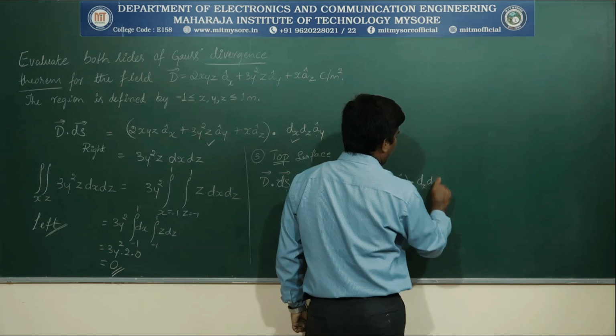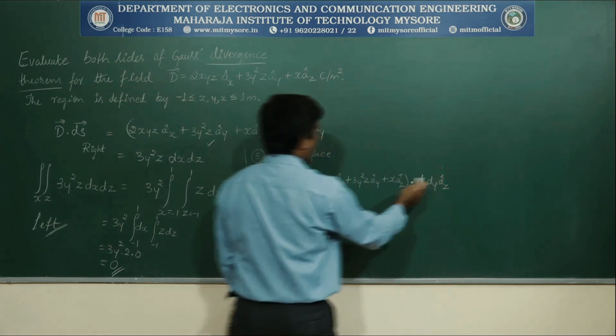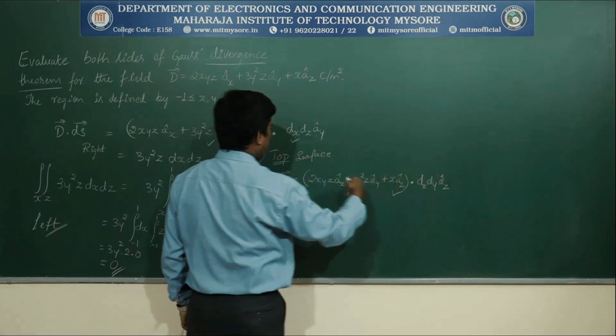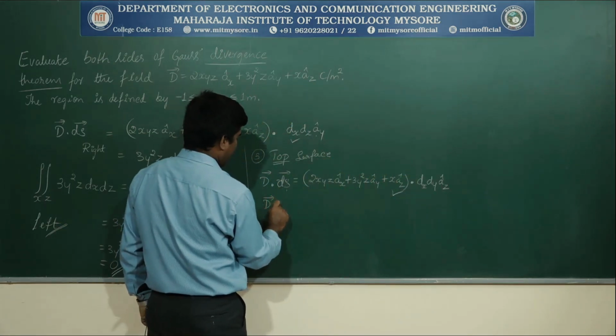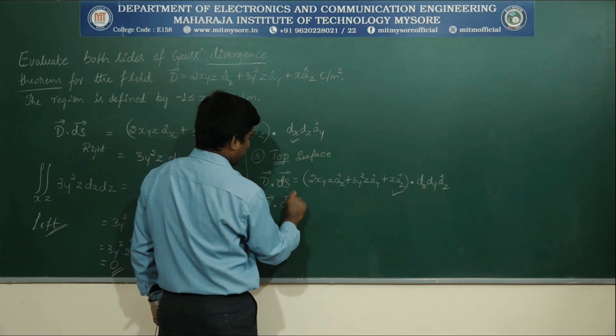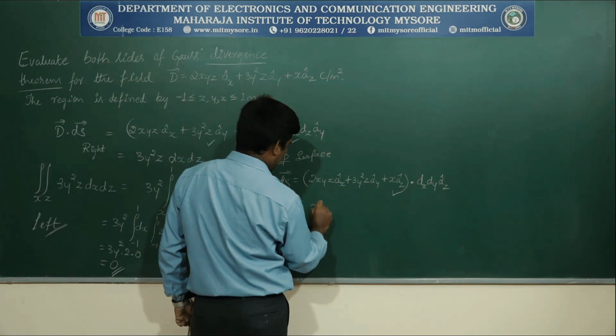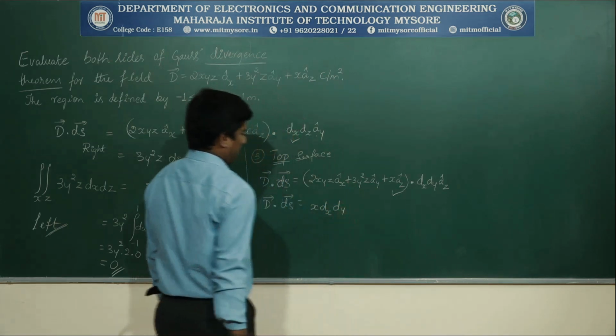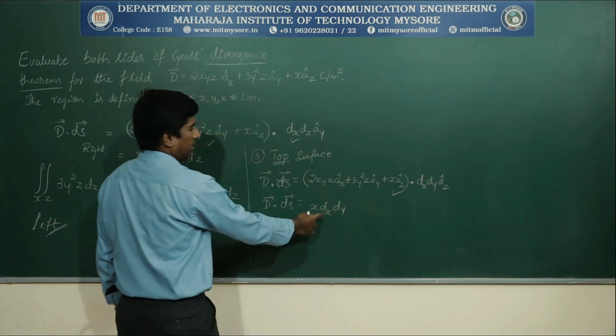We are left with only this term because the rest of the two are orthogonal to a_z. So D dot dS is equal to x dx dy. Okay, x dx dy.